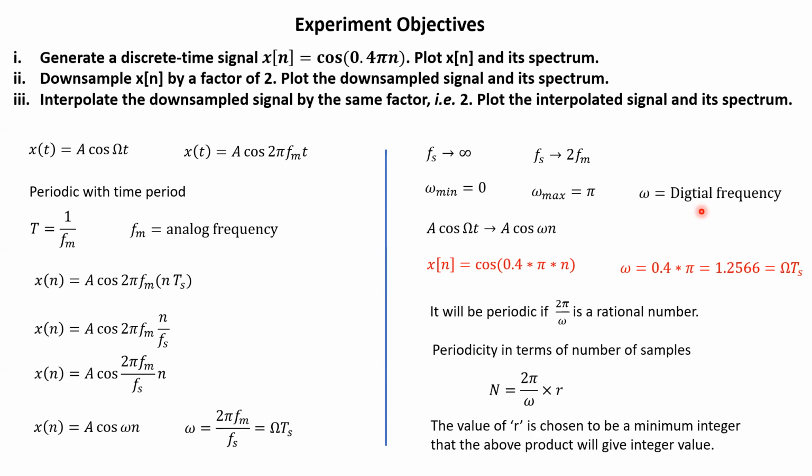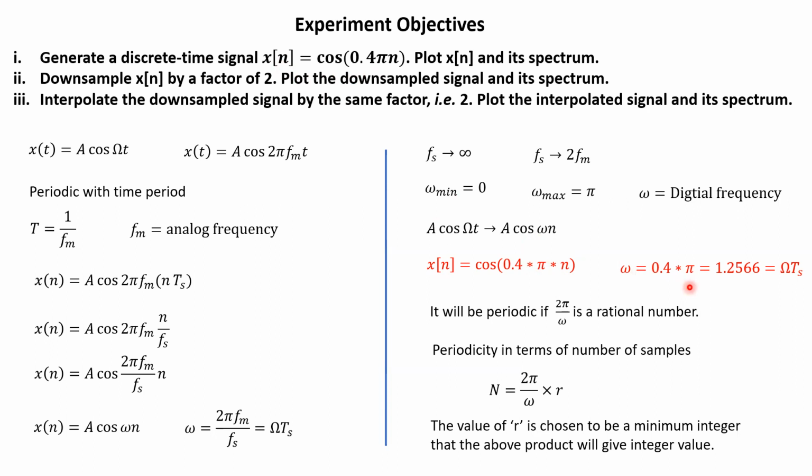So now what we can see is that this continuous time signal a cos omega t is now converted into a cos omega n. Here we have to see the problem which is given, x[n] equals cos 0.4 pi n. So you can see this digital frequency omega is nothing but 0.4 pi.